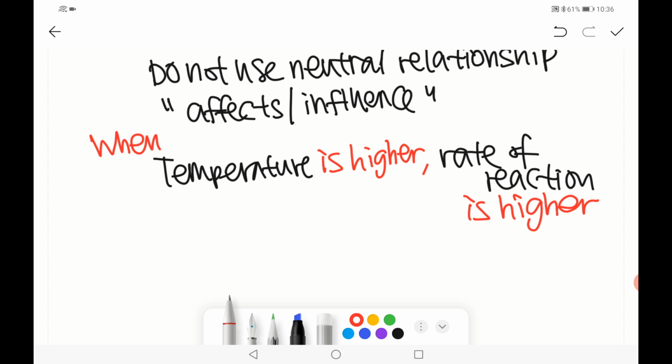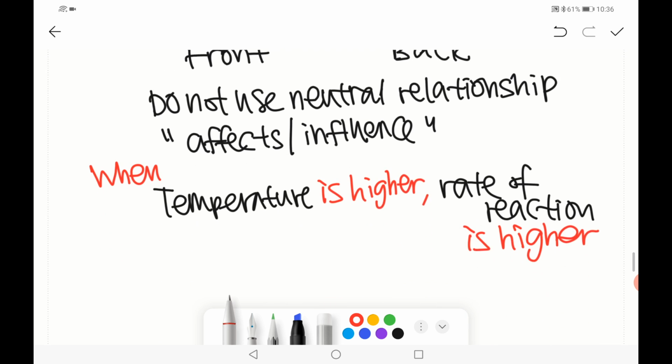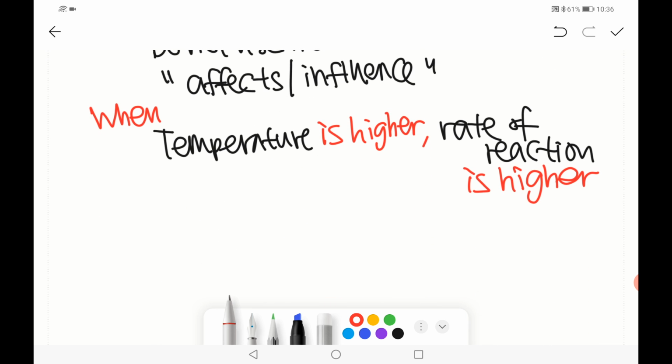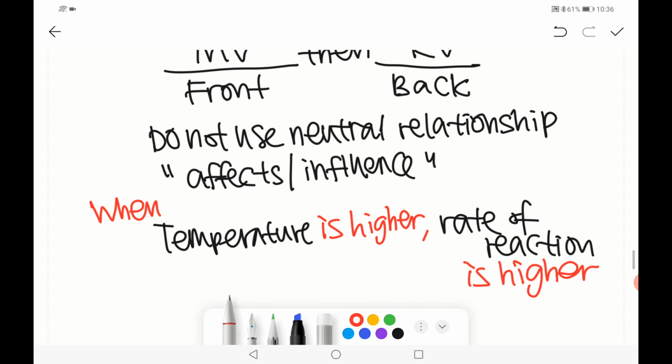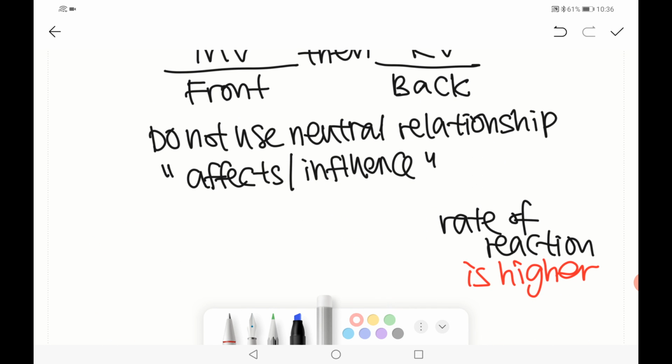If you can write in that way, it will be fantastic, but sometimes you just cannot write in that way. As long as you can write a good statement for the relationship between manipulated and responding variable, that would be a good hypothesis already.